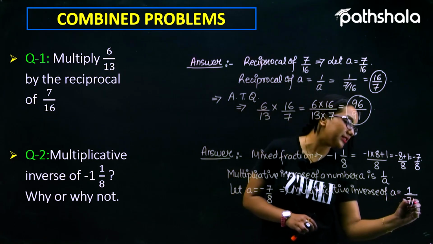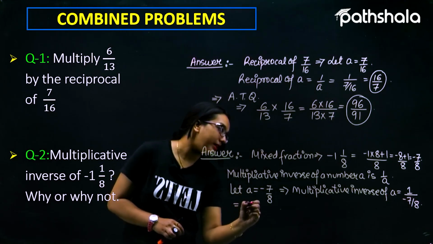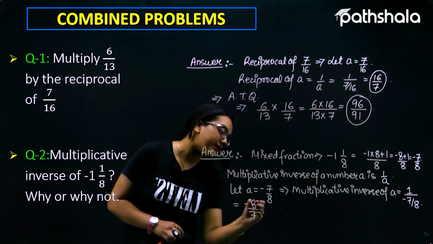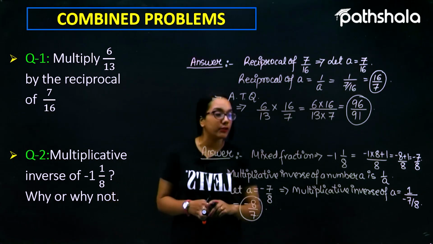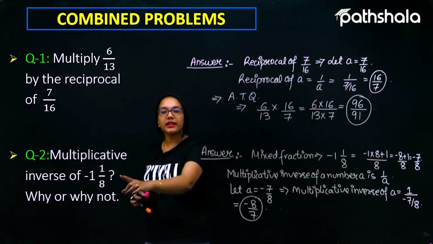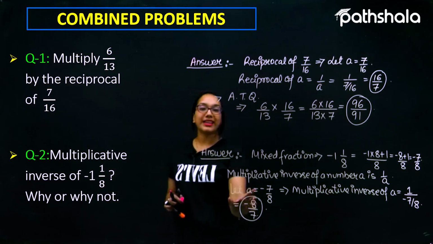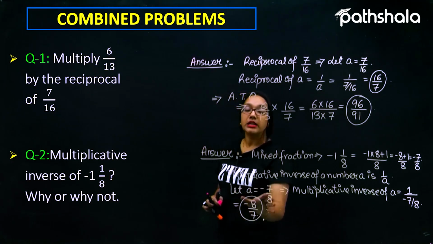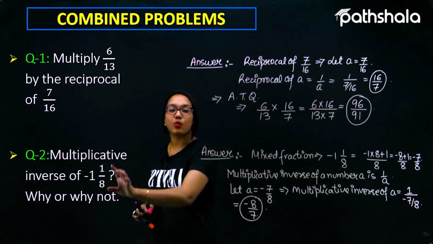So the answer is minus of 8 by 7. This is my answer: the multiplicative inverse of minus 1 by 8 is minus 8 by 7.